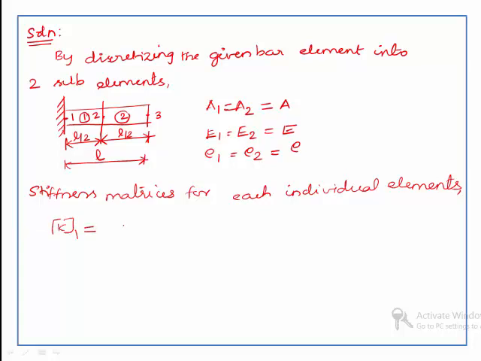K1 is equal to A1 E1 by L1 times [1 minus 1; minus 1 1]. So A1 is A, E1 is E, and L1 is L by 2.